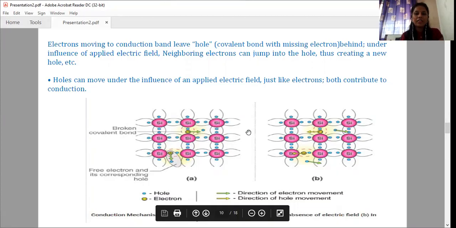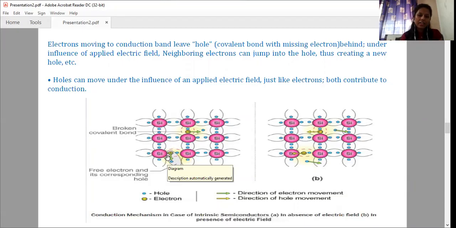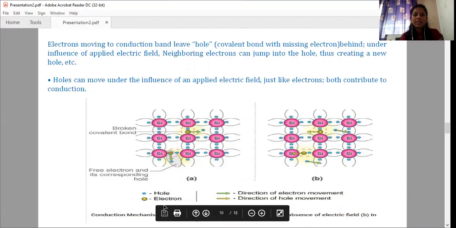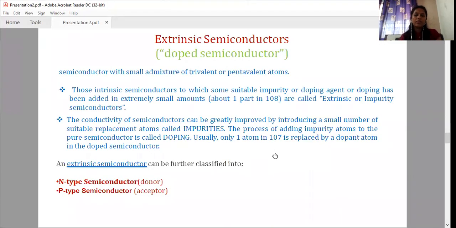When we apply external heat, some holes arise here, and some of the electrons fill those holes. Here we see the direction of electron movement and the direction of hole movement. The number of electrons and the number of holes is equal in an intrinsic semiconductor.